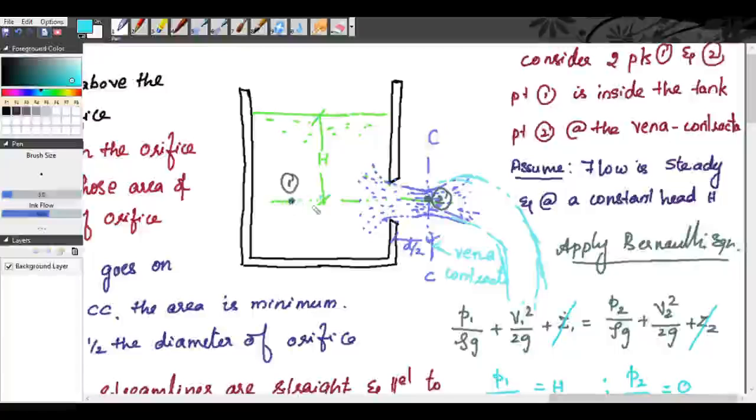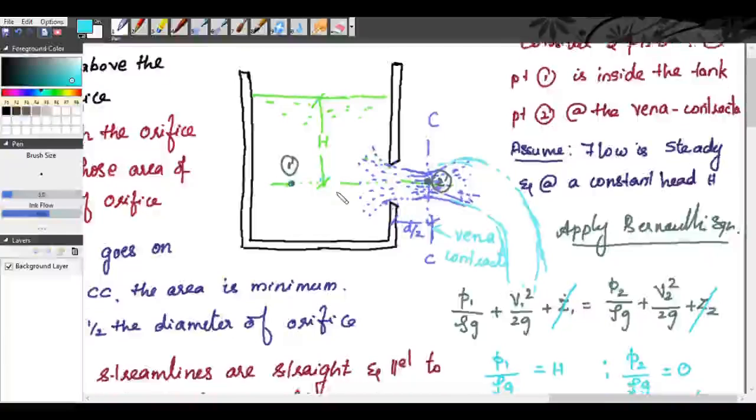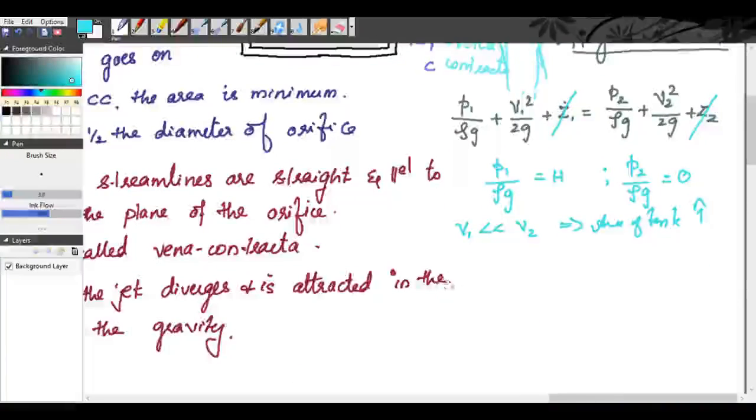That means the velocity at 1 will be very small compared to the velocity at 2. So the velocity at 1 will be taken as approximately equal to 0.